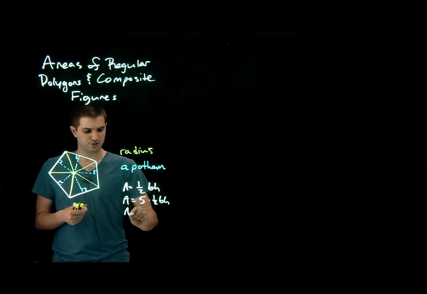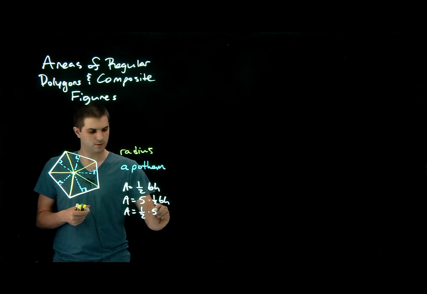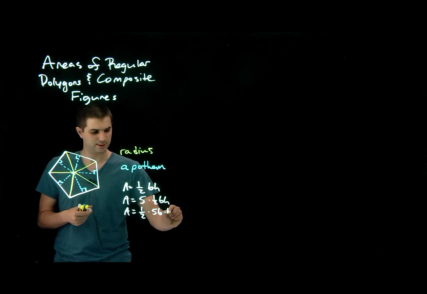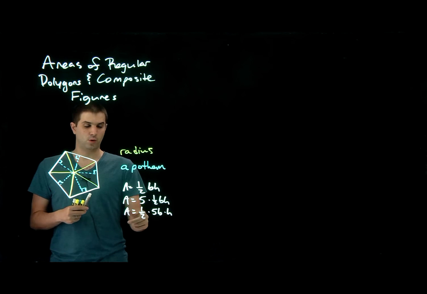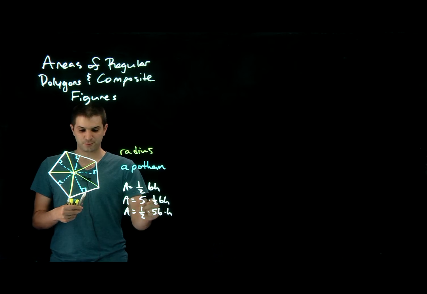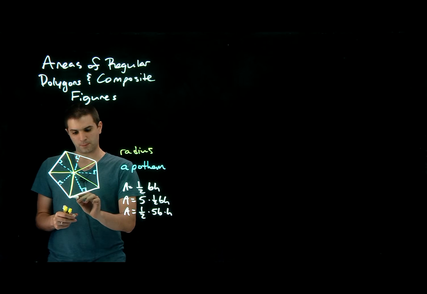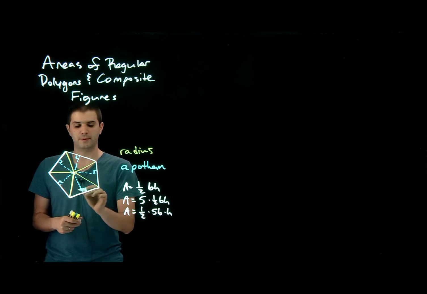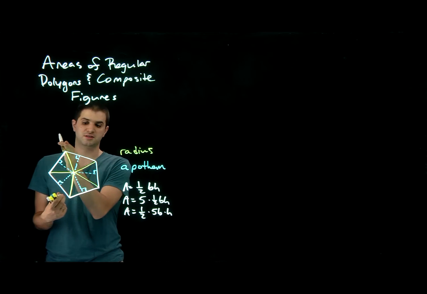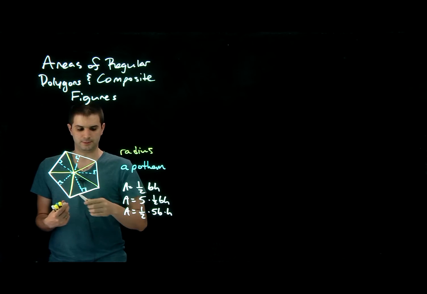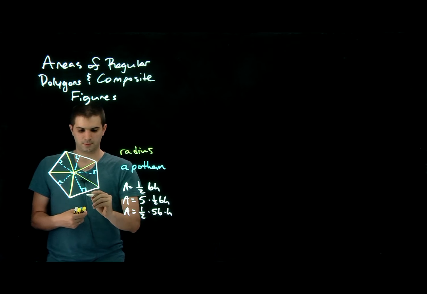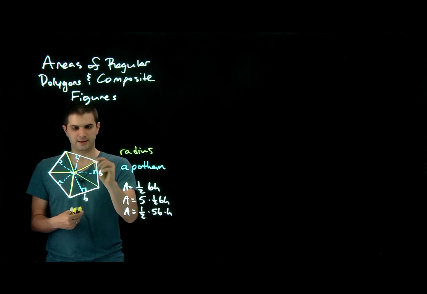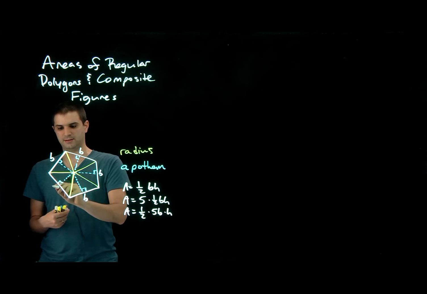But you notice something. I just want to rearrange this briefly. 5b times h. I want to rewrite this equation like this. Now 1/2 is just 1/2, times 5b. Imagine here's the base of a triangle. We might also call it the side of the polygon. Here's a base, here's a base, here's a base, here's a base, and here's a base.